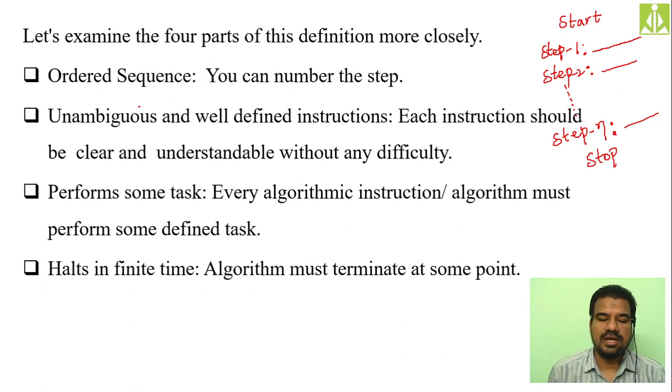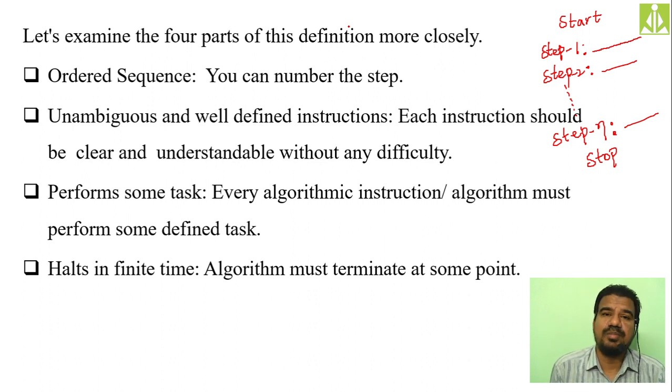Okay, so then unambiguous and well defined instructions. So whatever steps or instructions you are writing inside your algorithm, each instruction should be clear and understandable without any difficulty. So when you are writing a particular step in the algorithm, it must be clear and it must be simple, it must be without any difficulty of understanding. Even a layman should understand.